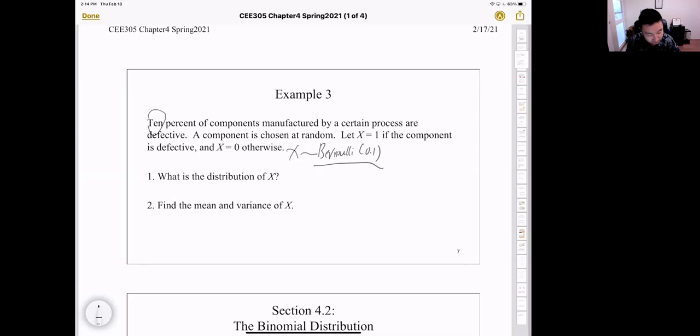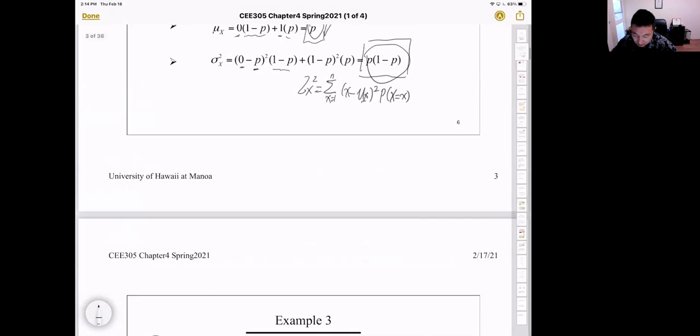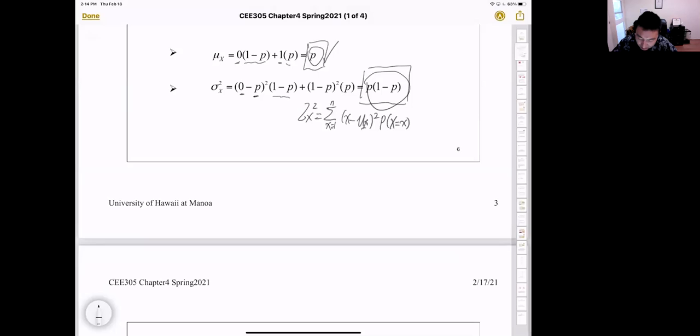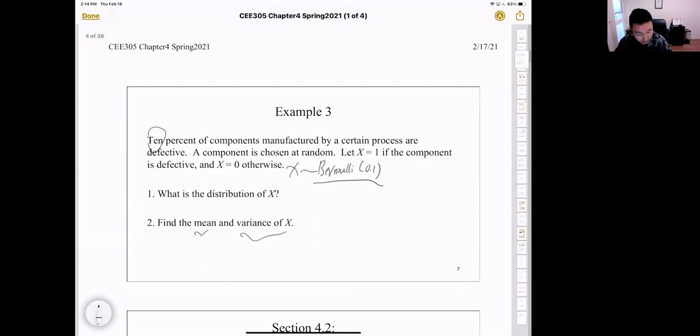And then what is the mean value and the variance? The mean value is p, and the variance is p times (1 minus p). So the mean value is equal to p, which is 0.1, and the variance is p(1 minus p), which turns out to be 0.09.